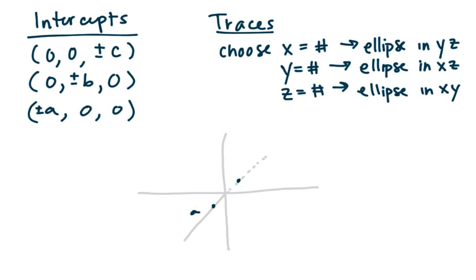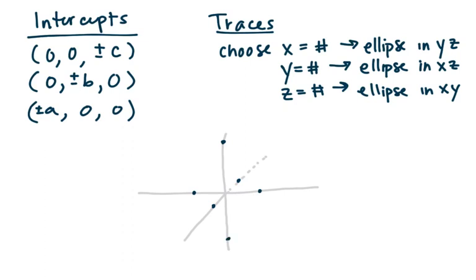I don't want to get too many numbers in there just yet, but we've got positive a and negative a. My b's are going to be on the y-axis, a negative b and a positive b. And then we have z's, the same distance off the origin, up z and down z.